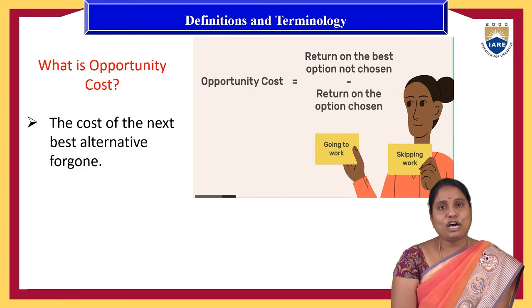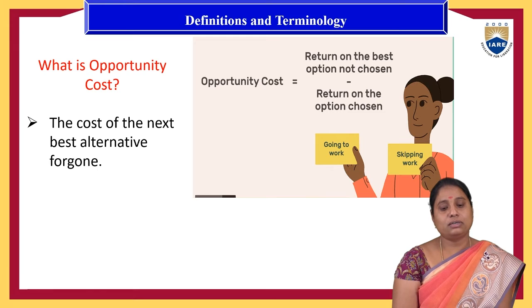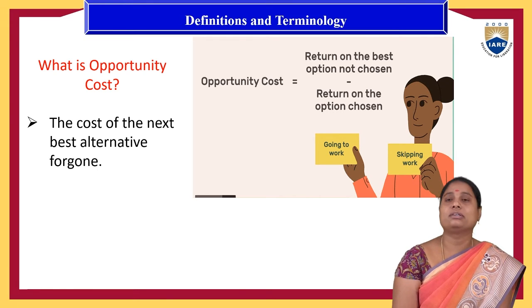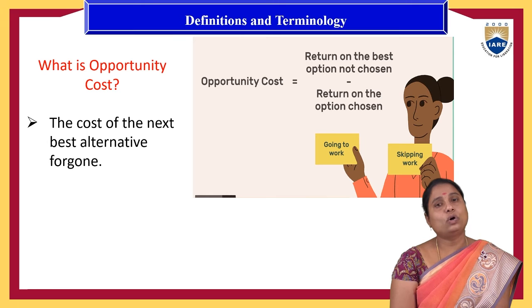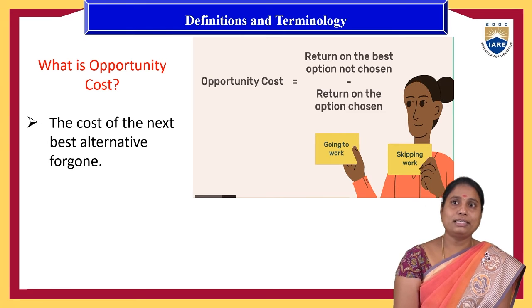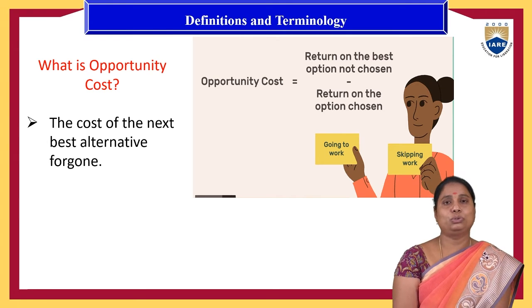Next thing is the opportunity cost. So the next best benefit or alternative foregone is called the opportunity cost. For example, opportunity cost means the return on the best option not chosen minus the return on the option which we have chosen.